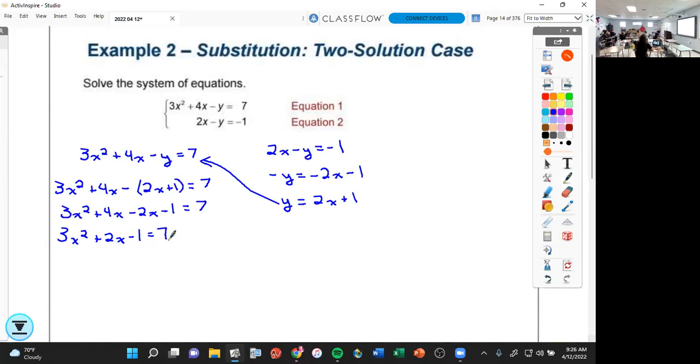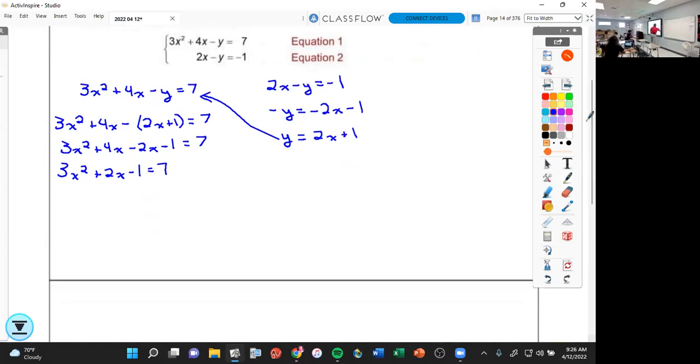How do you solve quadratics? Set it to 0, right? So to set this thing to 0 means I need to subtract 7 from both sides. Subtracting 7 from both sides gives me 3x squared plus 2x minus 8 equals 0. And this has to be factored, or quadratic formula, or whatever method you can use.